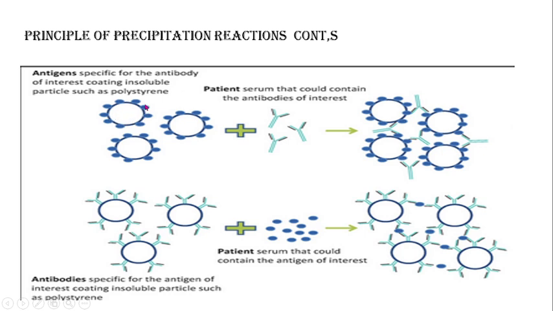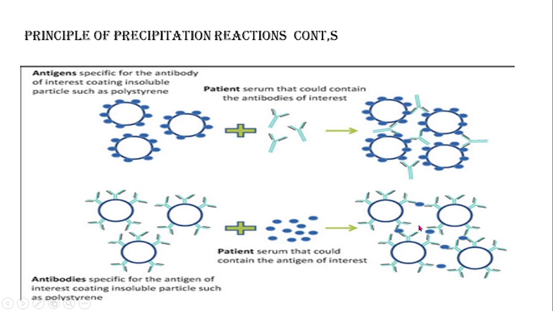So these latex beads which hold or coat the antibodies react with the antigen in the patient's serum. Their interaction will lead to the formation of the complex. These complexes will be precipitated in the solution because there is an optimum ratio between the antibodies and the antigens.